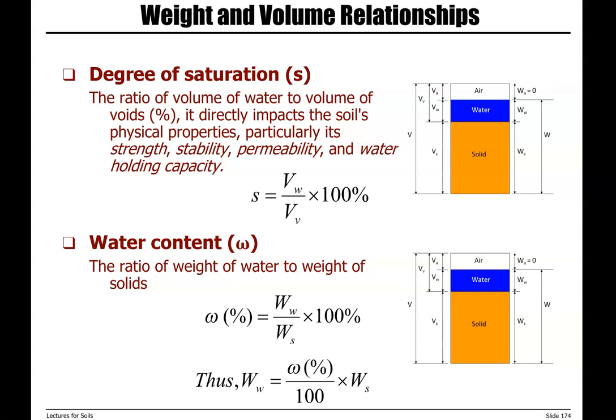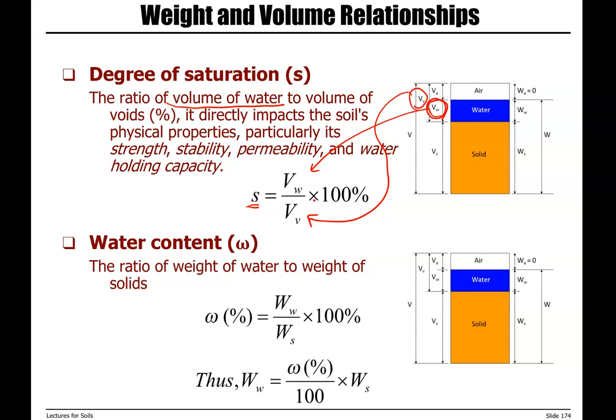Another property that is important, especially for engineering application, is degree of saturation. How much water we have, how saturated the soil sample is. We use letter S for saturation, and it's volume of water divided by volume of void.